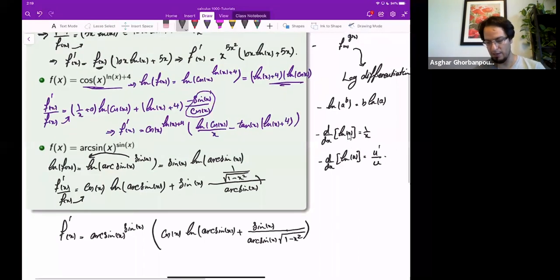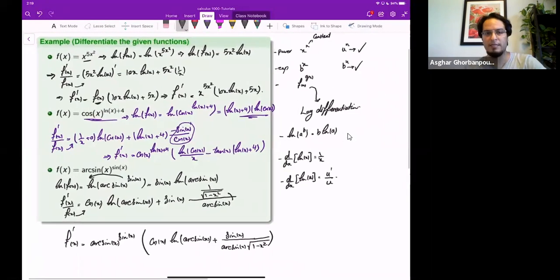And that way we find f prime x that we were looking for.